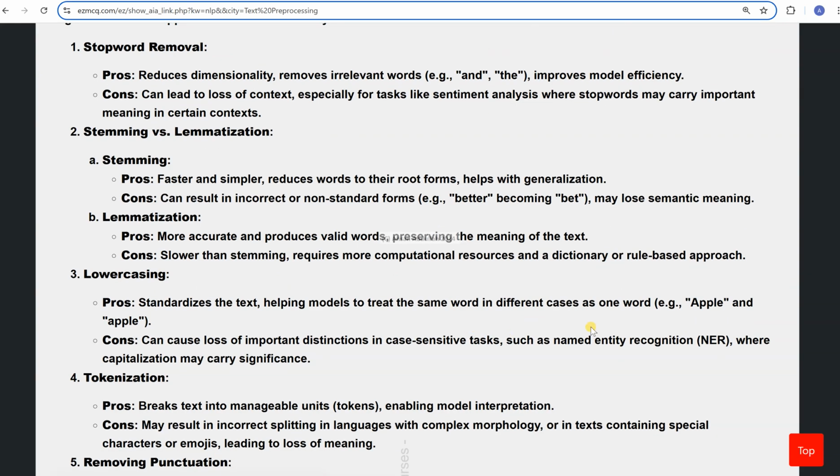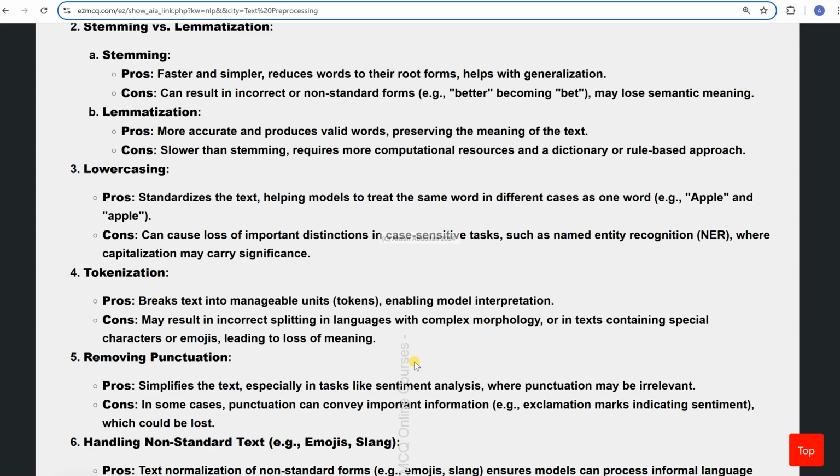And lowercasing, of course, gives consistency and reduces the dimension, replacing the capital A in Apple with lowercase. But it creates havoc in named entity recognition, because one is a company, the other is a fruit. So there are significant issues to be taken into consideration. Then there is tokenization.